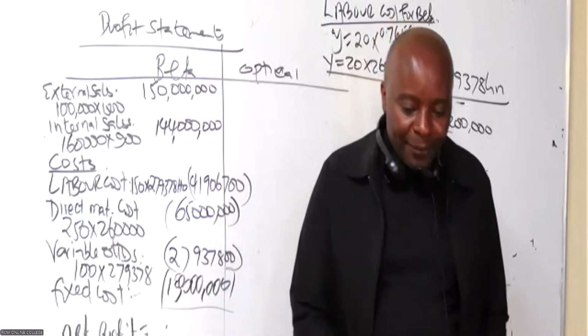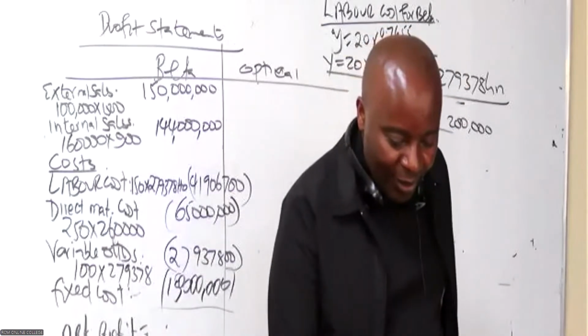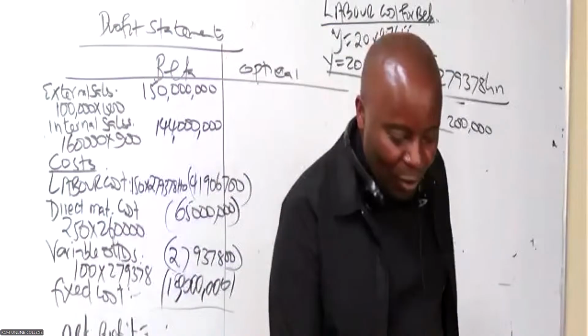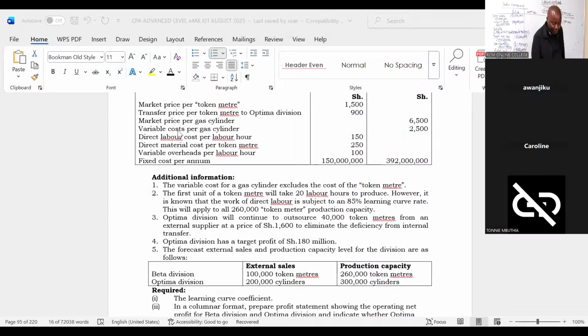Why do we not use it? Because we're not selling gas cylinders here in beta. You can even see that variable cost per gas cylinder, it's under which column? Are you seeing the 2500 is under Optica? Can we show him the 2500, the variable cost per gas cylinder?